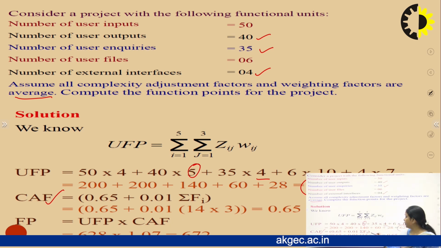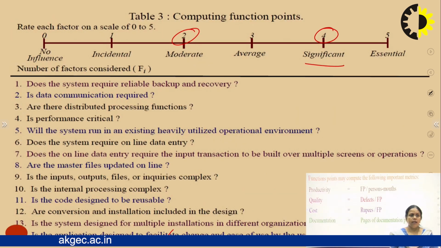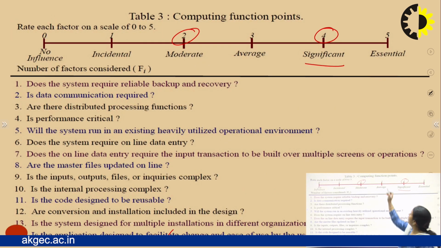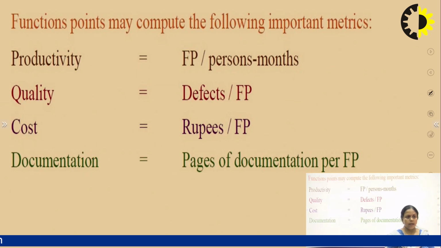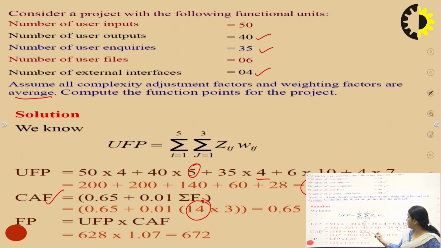So for the Fi we have 14 questions again, and the value for all 14 questions is average, already given in the question. That's why we will multiply it with 3, because you can see here, for the average value, the value is 3. Fine. So we'll multiply it with 3, and the end answer will be 1.07. So see, the value of the CAF is 1.07.